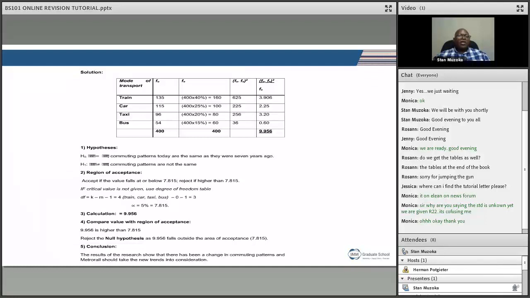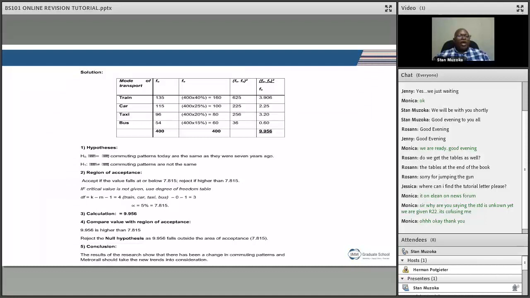And of course, the region of acceptance: given the critical value, if what you calculate is less than that, you accept, and if it is more than that, you reject. The chi-square test is always a one-tail upper test, a one-tail test to the right. So that's very clear.